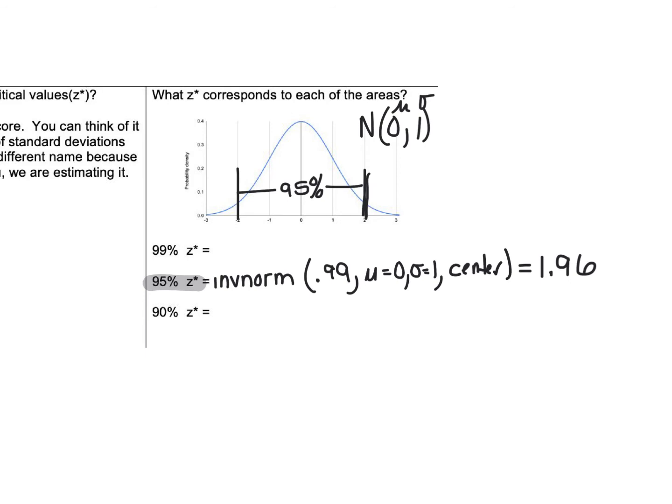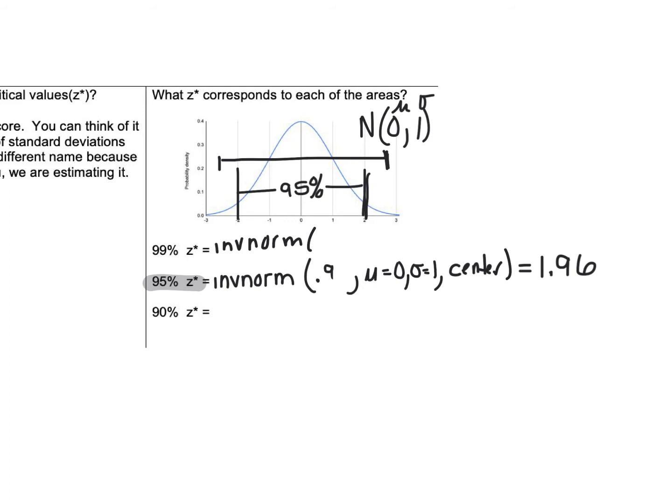So you're going to repeat the process. If we wanted to be 99% confident, that means 99% of our area is going to be contained within the interval. So that's going to be wider. A wider interval you should be able to see. So again, you do inverse norm. Go ahead, try it on your calculator this time. Oh, and I just realized on the last one I wrote 0.99, but it was actually 0.95, excuse me.